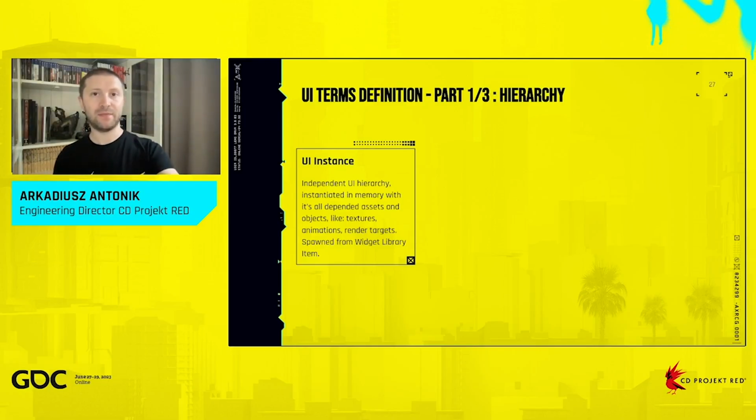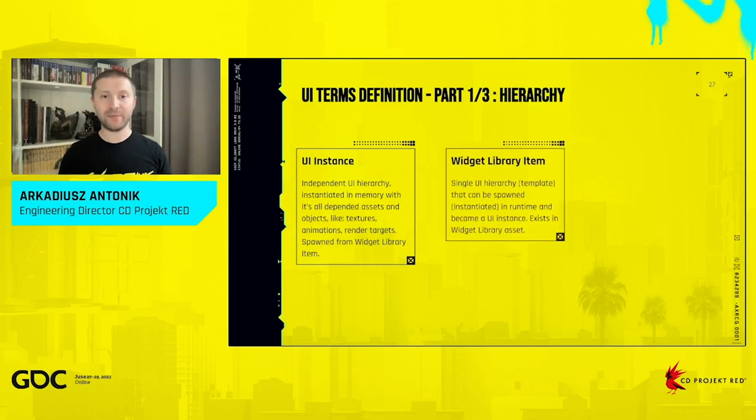So next, widget library item. It is a single UI hierarchy, for us a template, that can be spawned, instantiated in runtime and become a UI instance. This widget library item exists in a widget library asset. It means that from one library item we could spawn many UI instances that at the beginning look exactly the same, but later, depending on the game conditions, could change their properties totally independently.